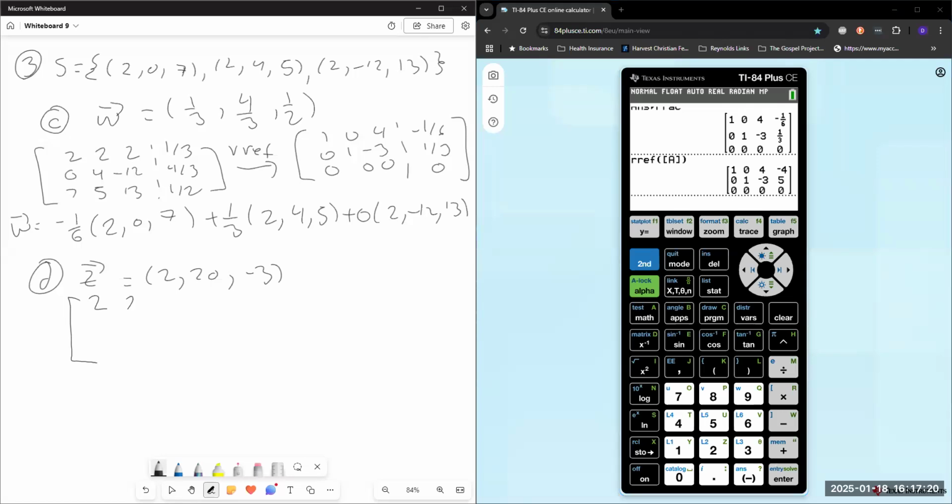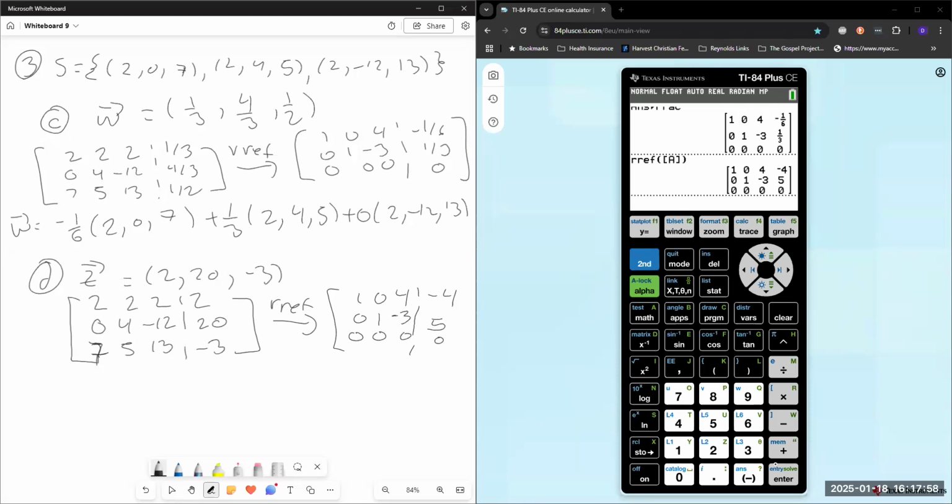So this is 2, 2, 2, 2, 0, 4, -12, 20, 7, 5, 13, -3. Going to RREF that. We get 1, 0, 4, -4, 0, 1, -3, 5, 0, 0, 0, 0.